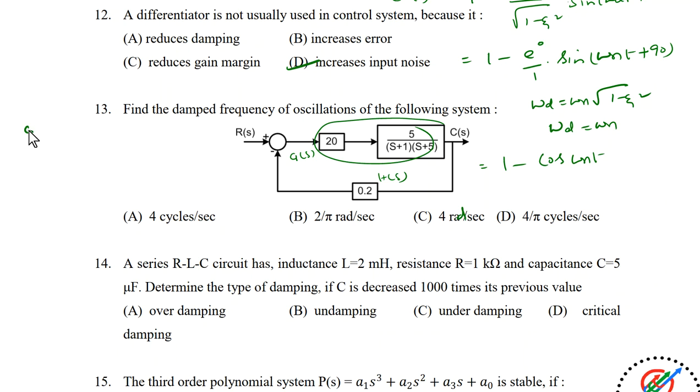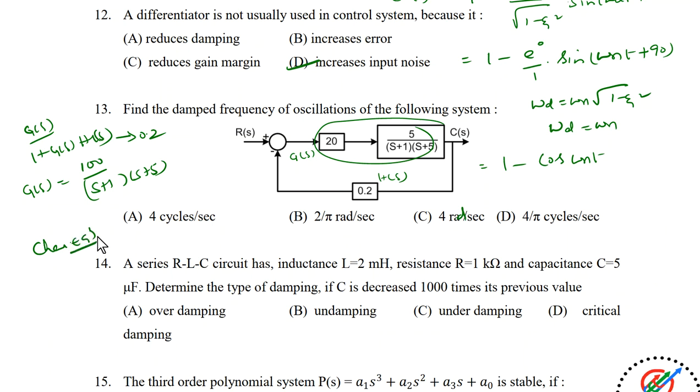Closed loop transfer function will be G of s divided by 1 plus G of s into H of s. G of s is nothing but 20 into 5, 100 divided by s plus 1 into s plus 5, and H of s is 0.2. Substitute this value in this equation and you will get the characteristic equation.